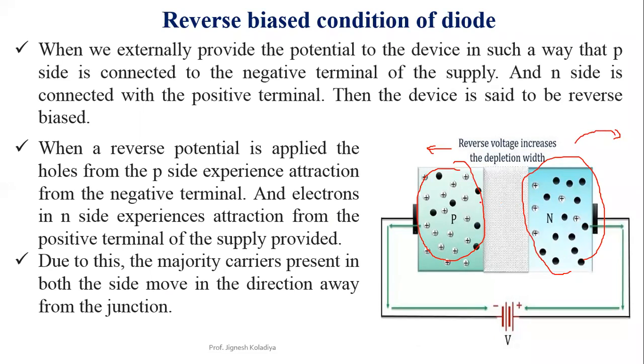So the width of the depletion region is going to increase, and if it increases, then the electron will require more kinetic energy, and if it does not have that much kinetic energy, it's very difficult to cross this junction. So due to the presence of some minority carriers only, a minimum current flows in the reverse bias condition, and that is actually negligible, right?